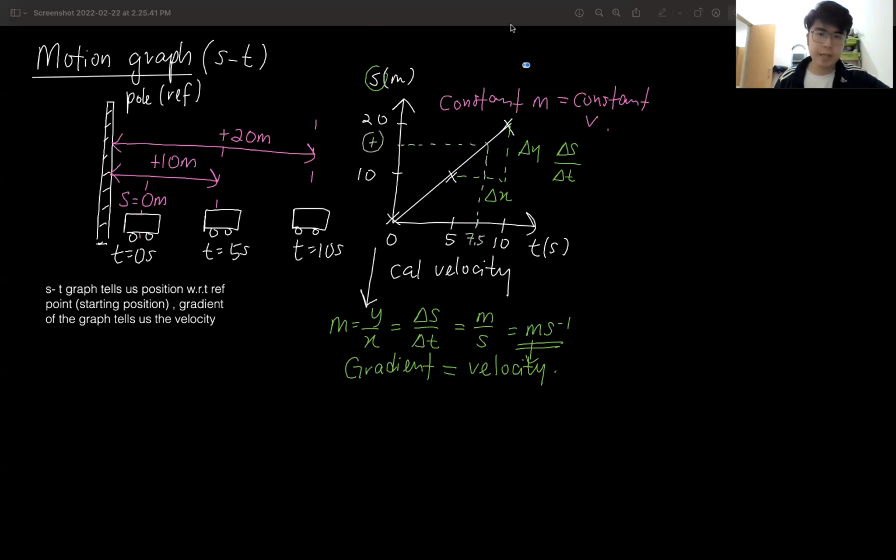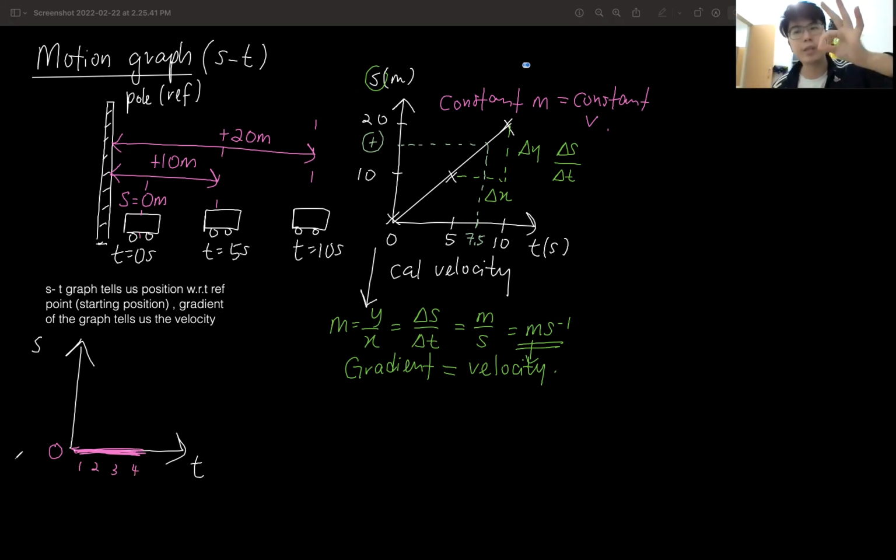Now, what if I give you a graph like this? This is the same ST graph, but the line is on the x-axis like this. What does it mean? The displacement is 0 over time, right? 1 second, 2 seconds, 3 seconds, 4 seconds later, it is still displacement 0.